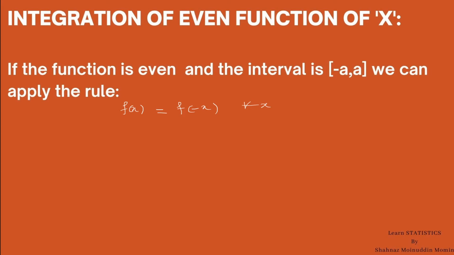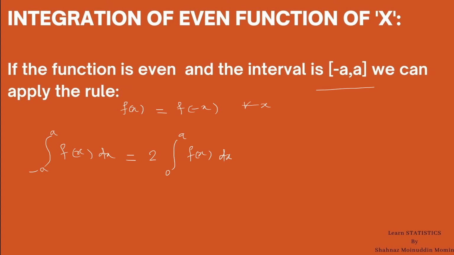In this case, if we want to integrate the function over the interval minus a to a, what will happen? The integration from minus a to a of f(x) dx is the same as 2 times the integration from 0 to a of f(x) dx. The integration changes to 2 times, and the limit is not from minus a to a, it is from 0 to a of f(x) dx.